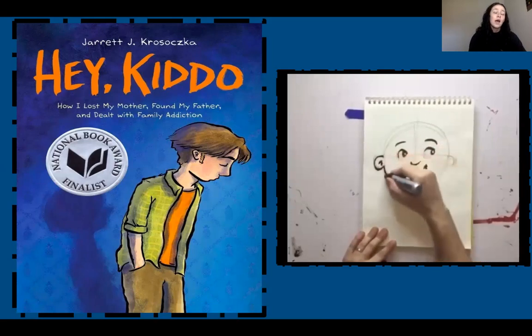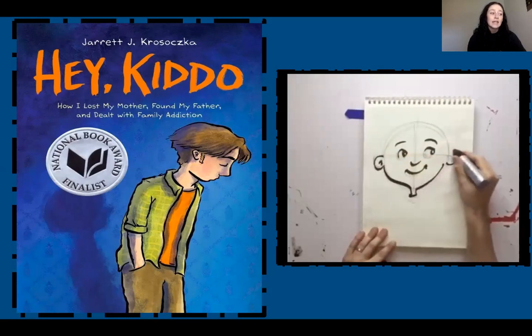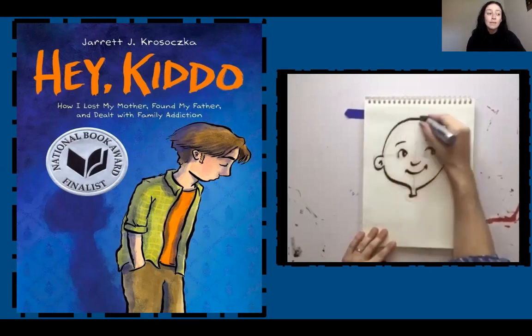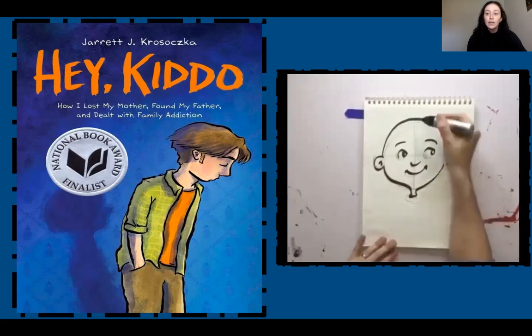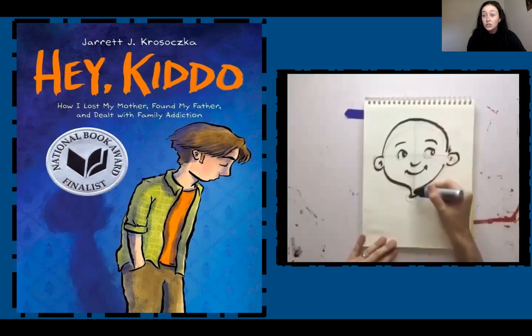This book really allows students to gain a deeper understanding of families, relationships, and the struggle with addiction, and how families react to and deal with this struggle. It really is a hard topic to teach to students.